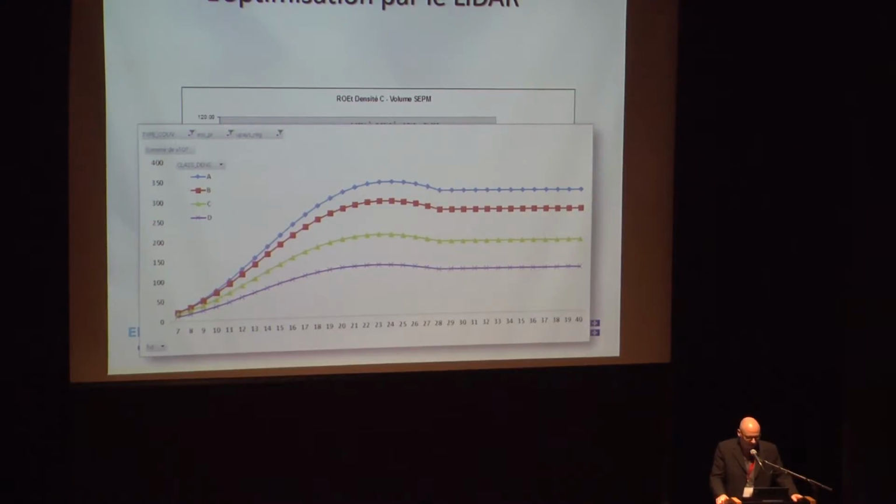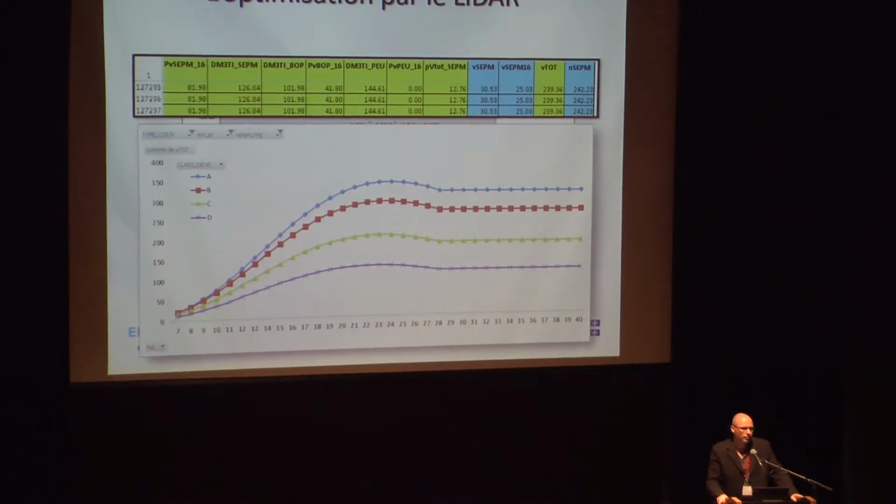And we associated ourselves with the Université Laval, Jean Bégin, among others, who will present tomorrow, to generate curves, precise curves with statistic models to attach or combine or associate different heights. And then we have a matrix, and each matrix has a total volume for birch and poplar.